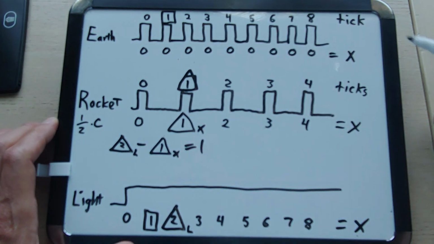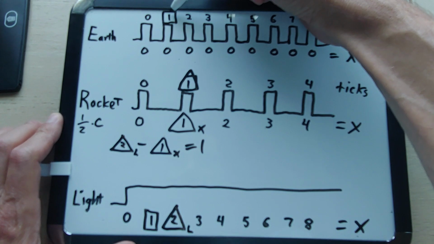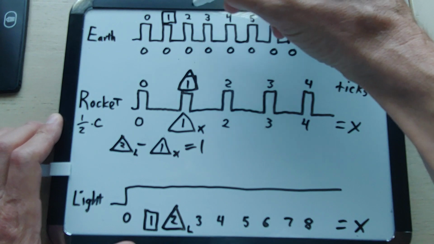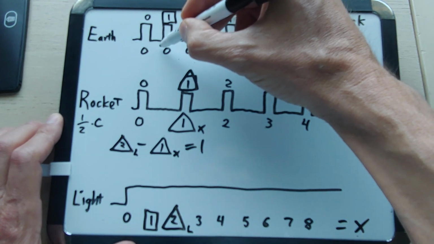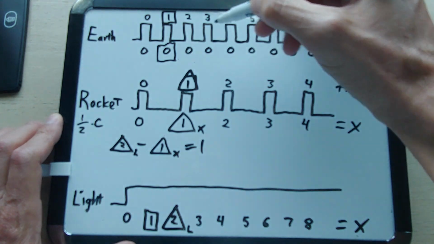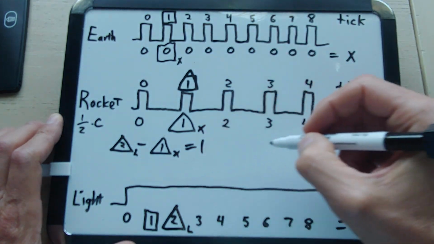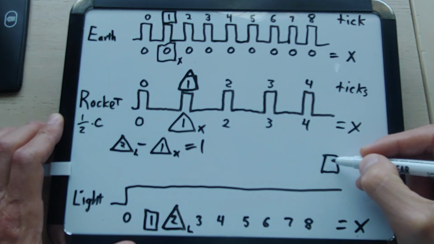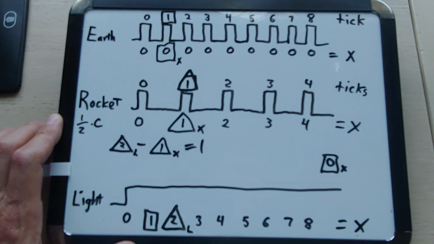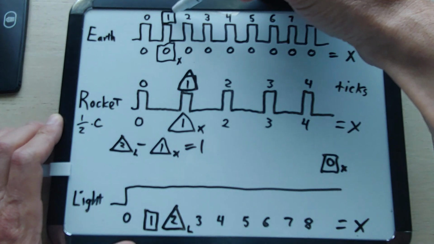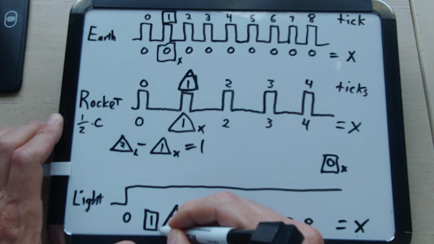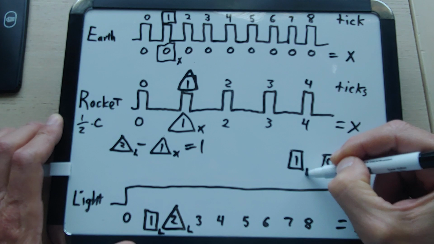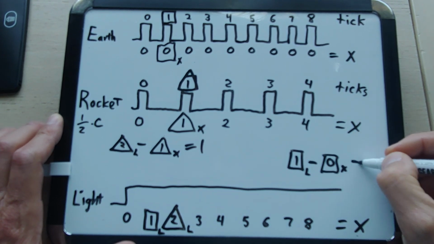Okay, now look for the Earth. When he opens his brain and he observes at 1, his position is at 0. And where's the light? At his tick position, it's at 1. So 1 minus 0 is 1.